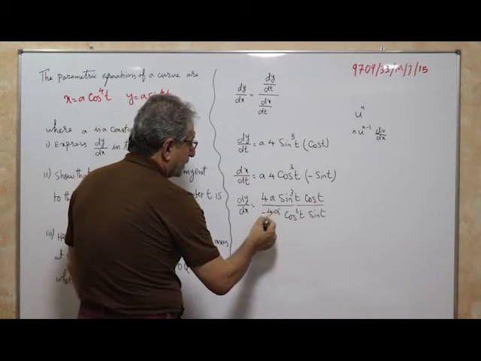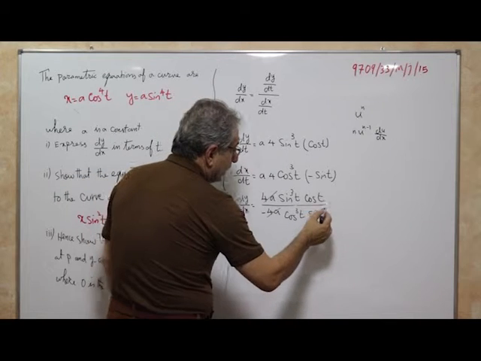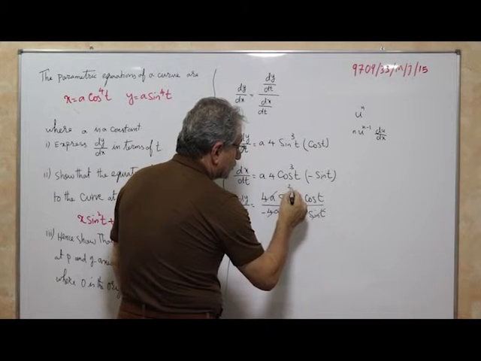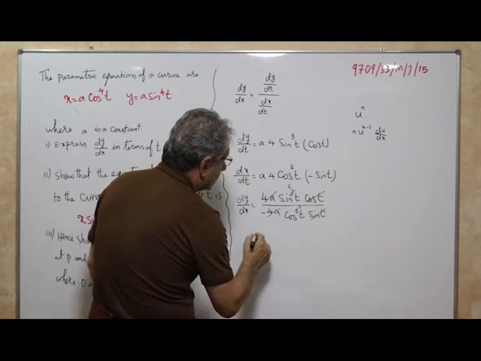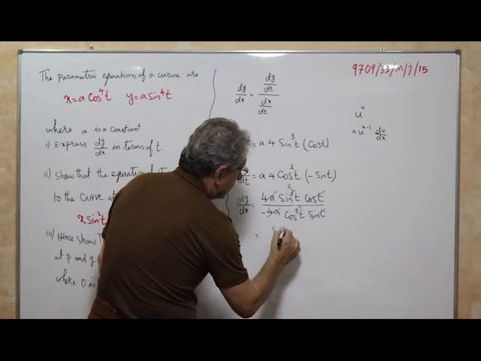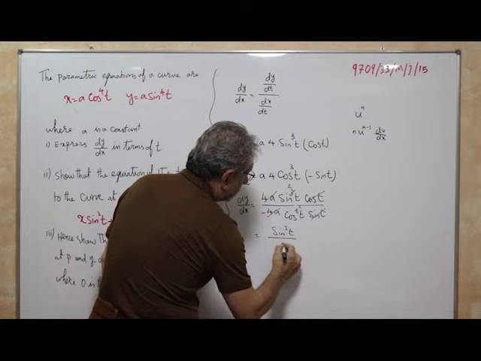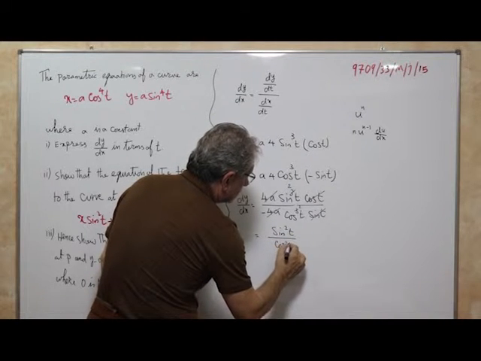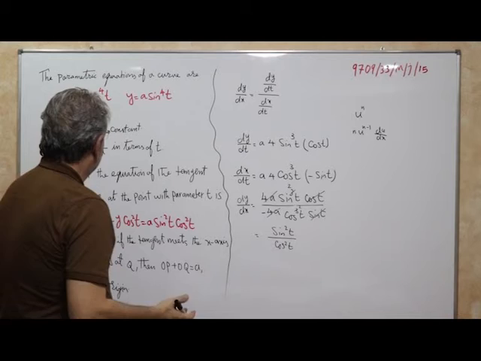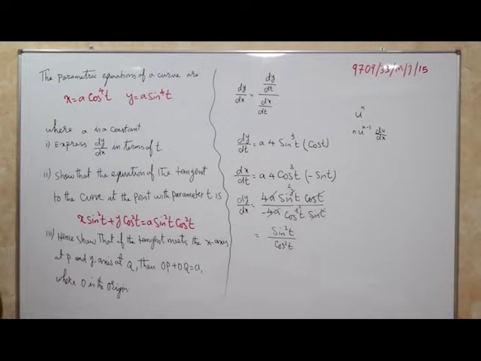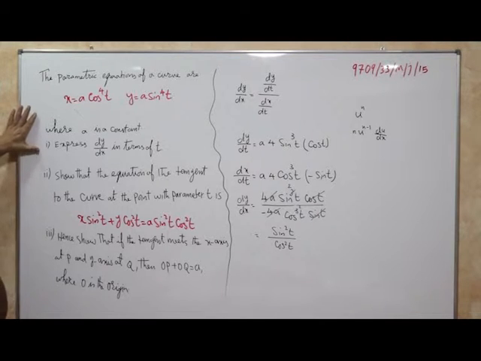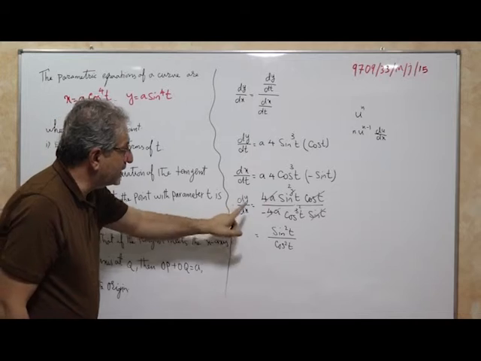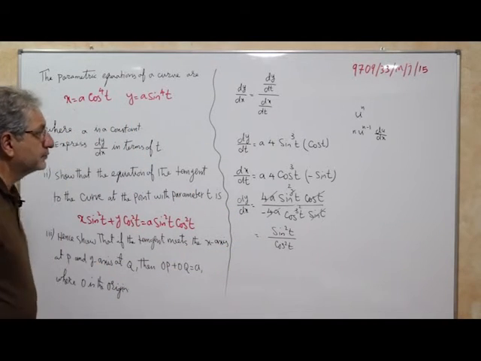Now this 4a cancels this 4a, this sine t changes this 3 to 2, and this cos changes this 3 to 2. Therefore the answer is sine squared t divided by cos squared t, which is tan squared t, but it's okay, we can write it like that or write it as tan squared. Therefore the first part of the question we have done. We have found dy by dx in terms of t.